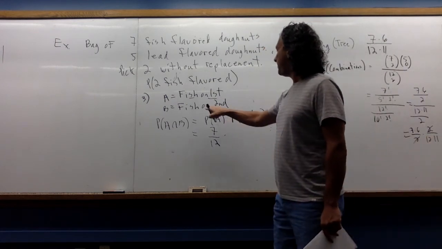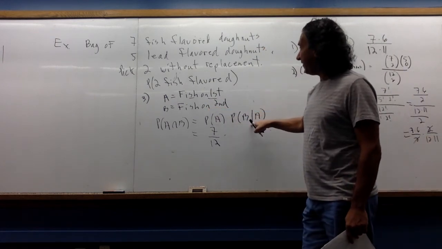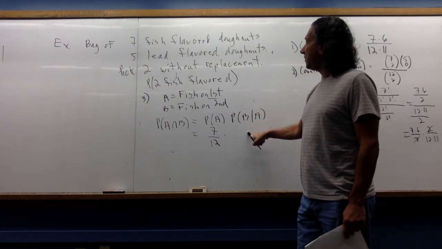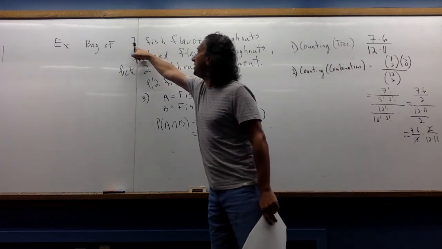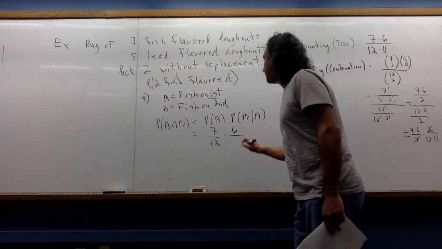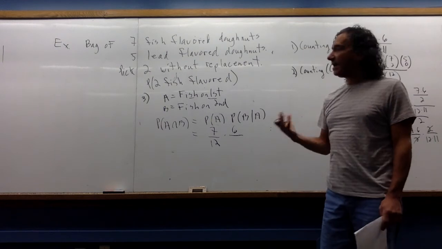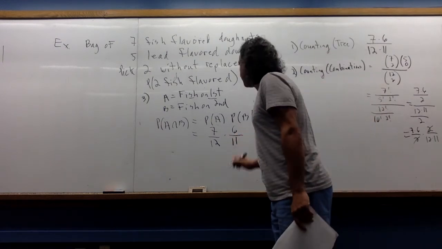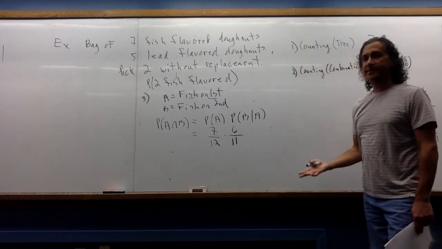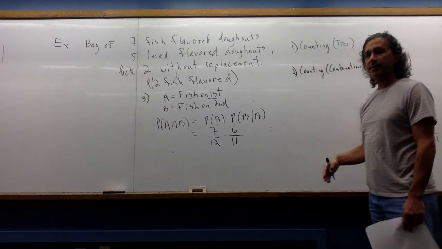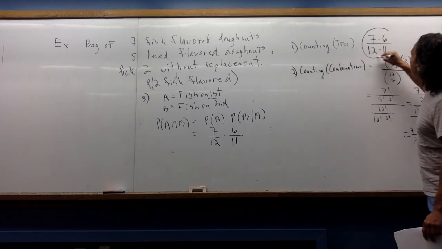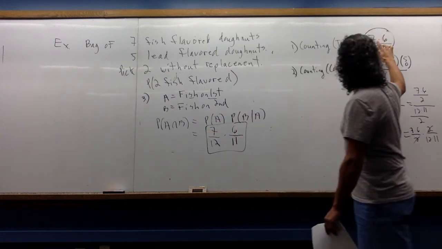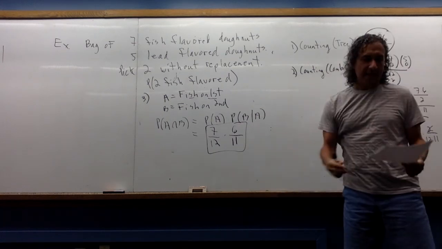The probability of fish on the second, given that I picked fish on the first, well, if I picked fish on the first, there are only 6 fish left for the second. And if I picked anything on the first, my sample space is the size of 11. So I get 7/12 times 6/11. So notice we get the same exact numerical value. The form is a little bit different, but numerically those guys are equivalent.